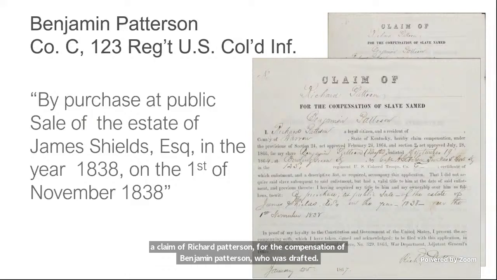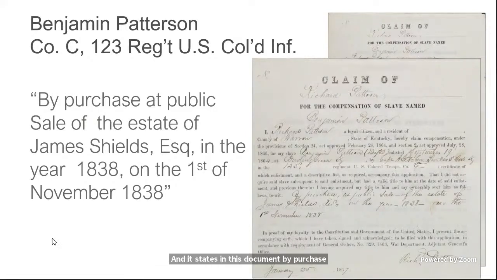The enslaver, or the past enslaver, is filing, and he needs to prove slave ownership. And here's what he wrote: by purchase at public sale of the estate of James Shields, Esquire, in the year 1838. So he's stating how he came to own Benjamin.